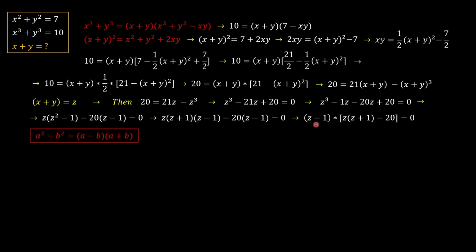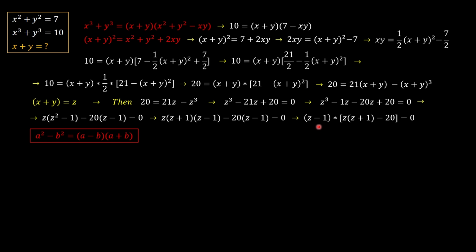If you multiply these two brackets, we will get this equation. So here you can see that we have multiplication of two brackets, and this multiplication equals 0. That means that either this bracket equals 0 or this bracket equals 0 or both of these brackets equal 0.